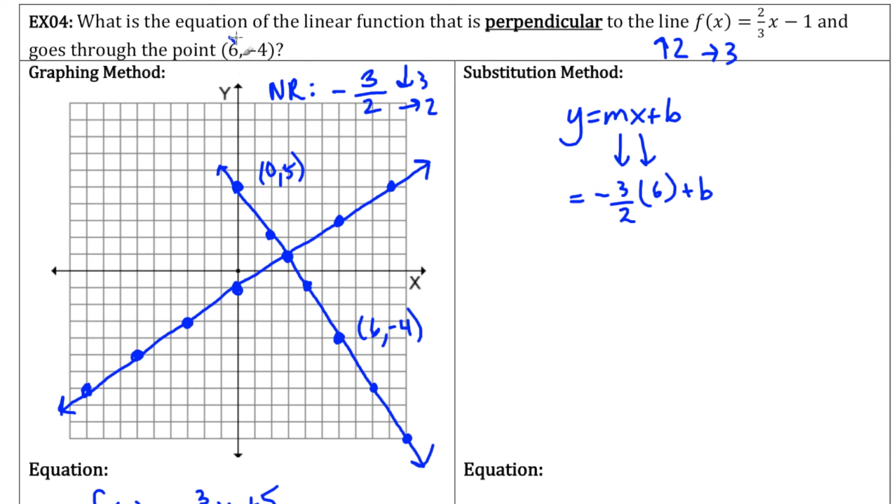The y that goes with it is negative 4. So a negative times a positive is a negative. That's 18 over 2, which simplifies to negative 9.